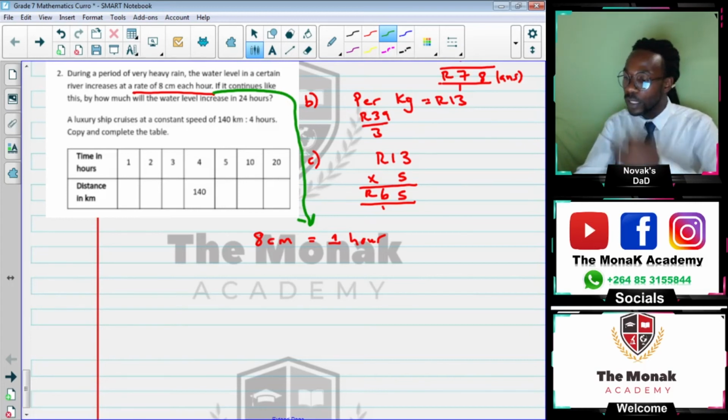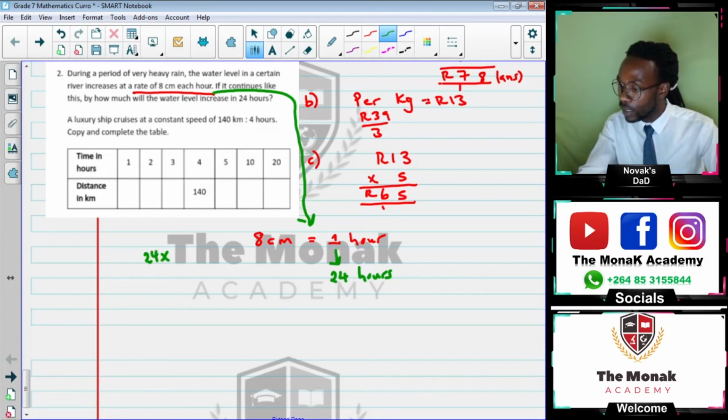So in order to reach 24 hours, to make it 24 here, what must happen to 1? It means you must multiply by 24. 1 times 24 gives you 24. So your hours are going to multiply by 24, which means your water level must also multiply by 24.